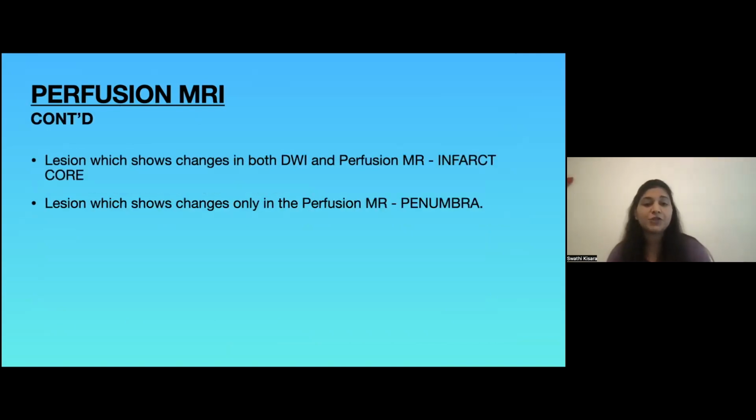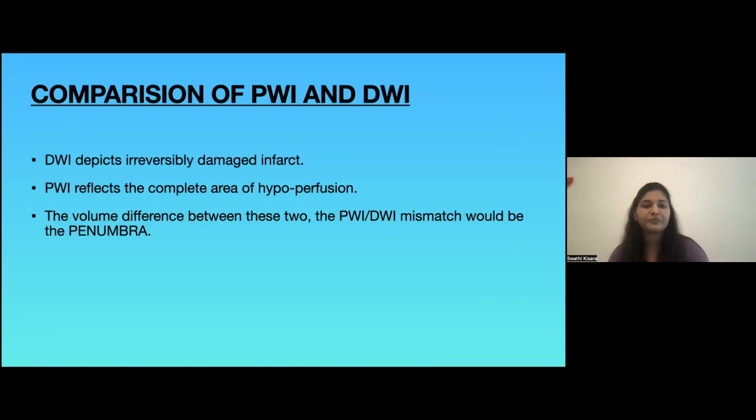So the lesion which shows changes in both diffusion and perfusion MR is the infarct core, and the lesion which shows changes only in perfusion MR is the penumbra. Diffusion weighted imaging depicts irreversibly damaged infarct, whereas perfusion weighted imaging reflects the complete area of hypoperfusion. The volume difference between these two, that is the perfusion and the diffusion mismatch, would be the penumbra.